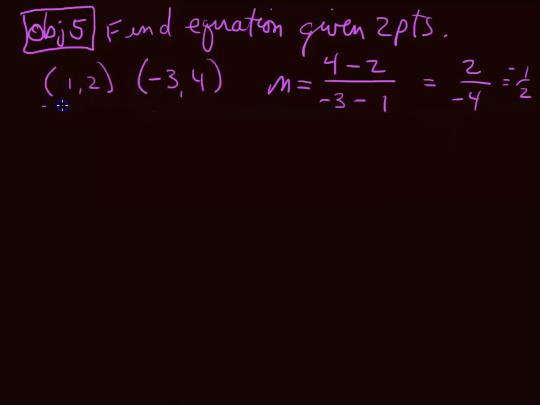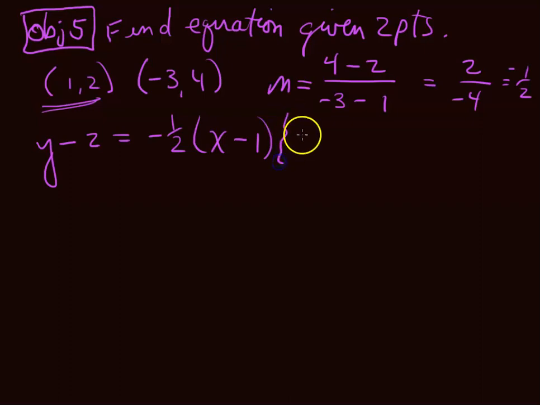I'm going to choose this first one. y minus 2 equals slope negative 1/2 times x minus 1. By the way, that's exactly the same if you would multiply things out and collect stuff as y minus 4 equals negative 1/2 x plus 3.